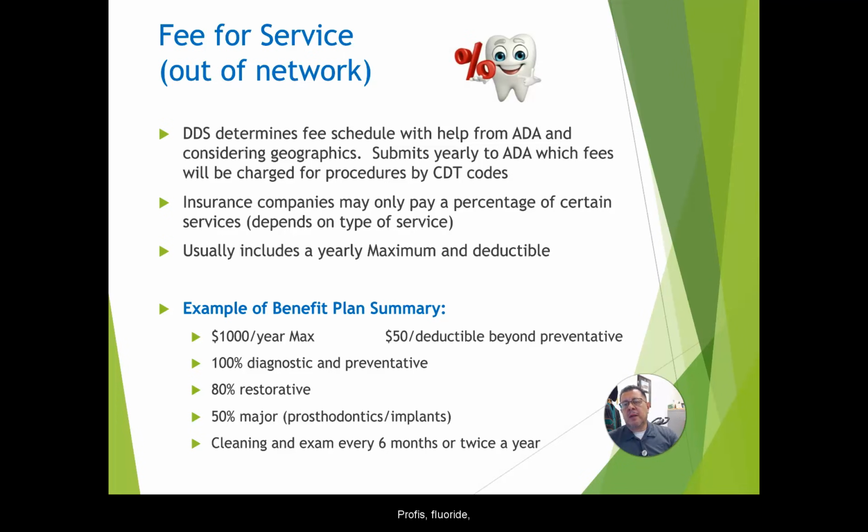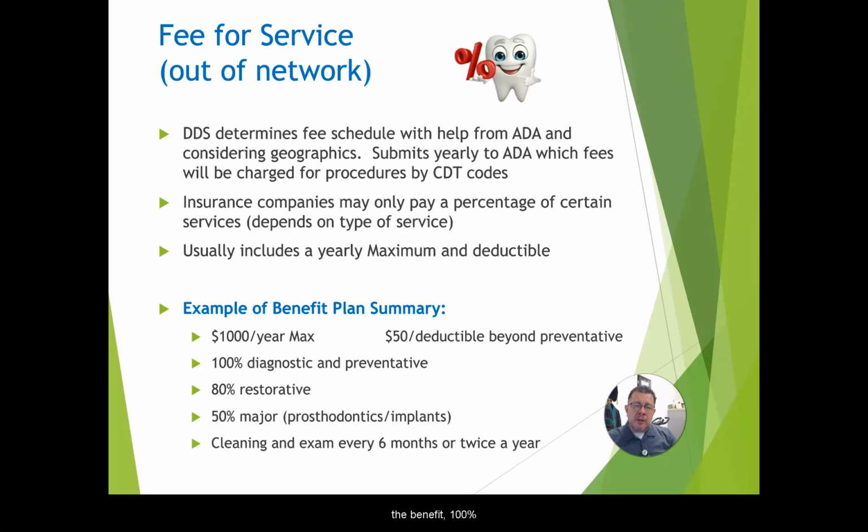Prophies, fluoride, sealants, things like that. Beyond preventative, if there's a deductible, so let's say they're getting a tooth pulled, it's an extra $50 to whatever it is that they're doing. Once a year. They don't have to pay it for every tooth that's getting pulled.